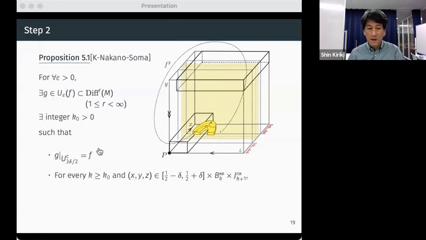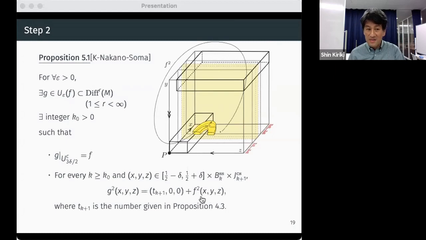But if a point belongs to the small rectangle for which the projected images to the strong direction and center stable direction are equal to some strong stable bridge of K generation and the CS ghost bridge of K plus 1 generation, given in the previous proposition respectively, it is mapped by G to the point just shifted along the unstable direction by tk plus 1, which is also given in the previous proposition.